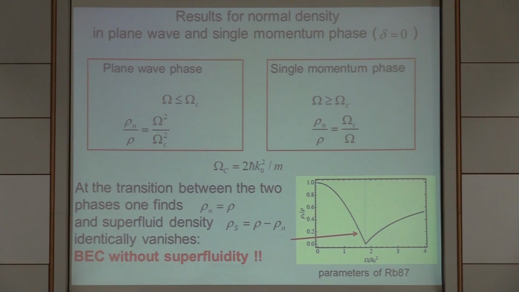can contribute, and it is actually this contribution which is crucial in characterizing the behavior of the normal density of our system. I don't give the details of the calculation, which are, by the way, very simple, and I would like to only show the results. In particular, if you are in the plane wave phase, which means the Raman coupling is smaller than this critical value, the normal density behaves in this way, while if you are in the single minimum phase, the behavior is given by this second formula.